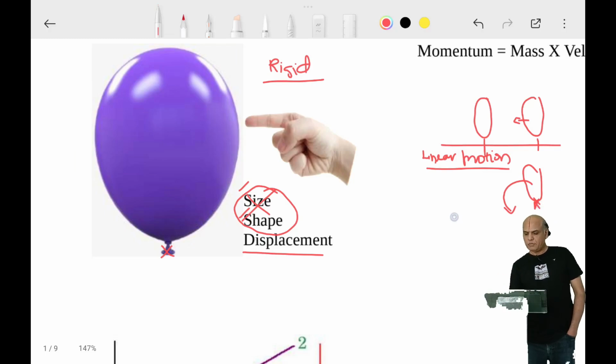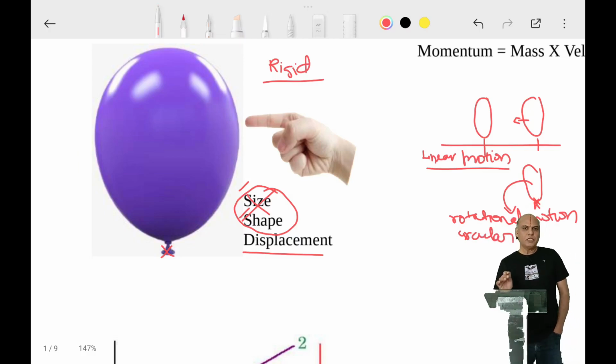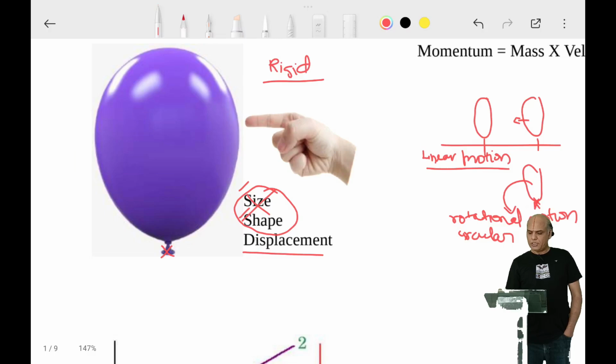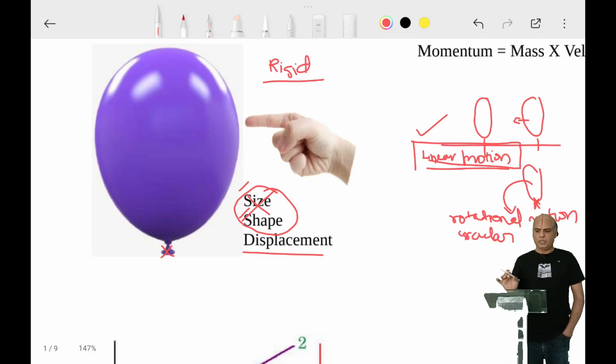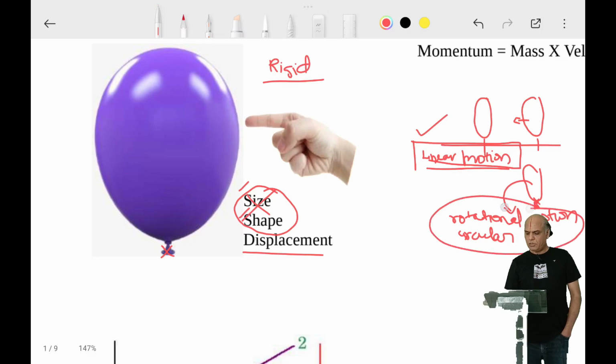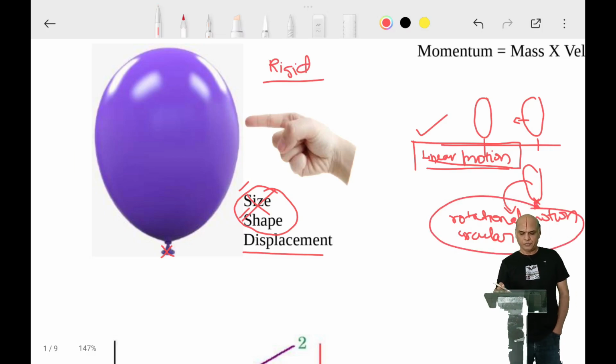So this motion is called rotational motion or circular motion. The linear motion we had already studied in standard 9, and we are not studying linear motion in 10th class. We are only concentrating on rotational motion.